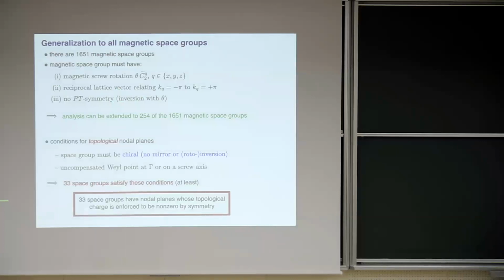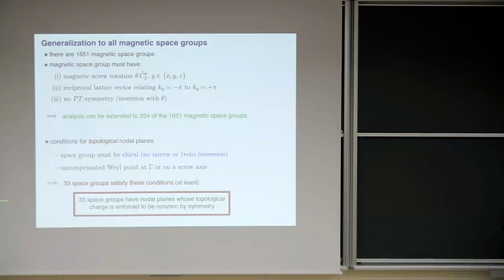Okay, and then with these three criteria, we find that from these 1,651 magnetic space groups, basically 254 satisfy this criterion. Now, if you want these nodal planes to also be topological, then you must make sure that the space group is chiral, so there should be no mirror or inversion symmetry, because these symmetries force the Chern number to be 0. And you must also have an uncompensated Weyl point at gamma or on a screw rotation axis.